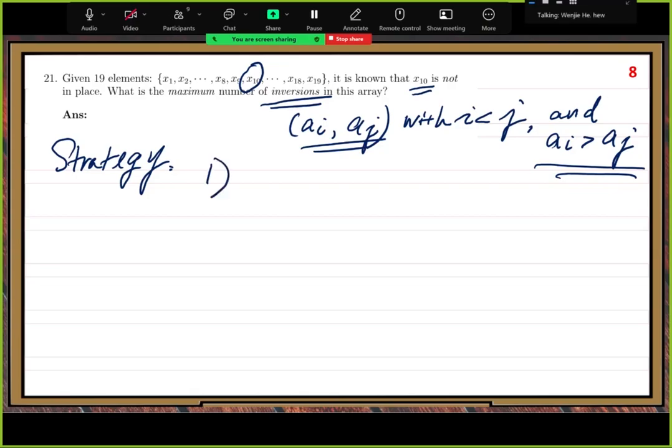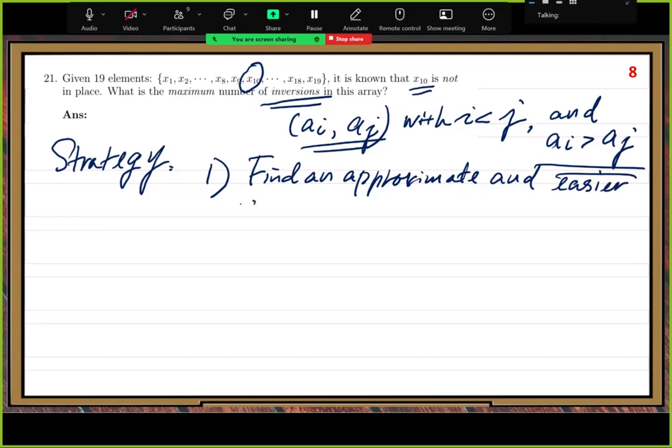The first step: find an approximate, easy solution.